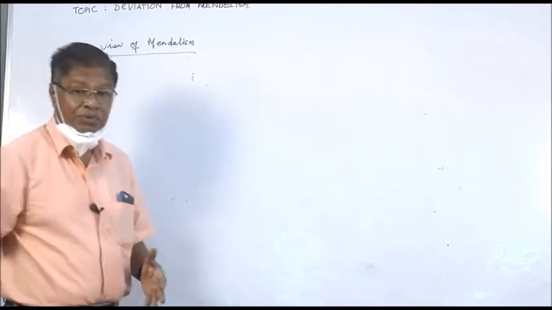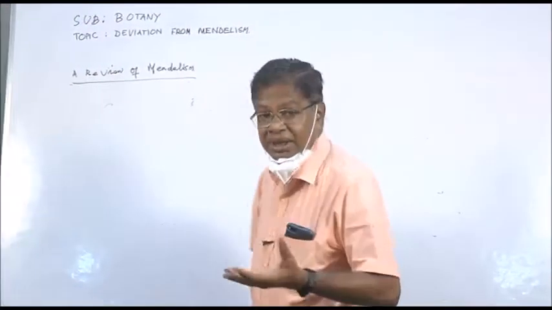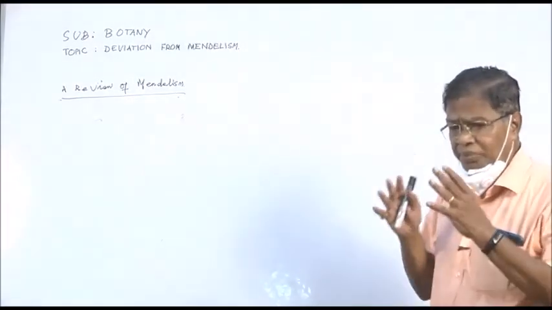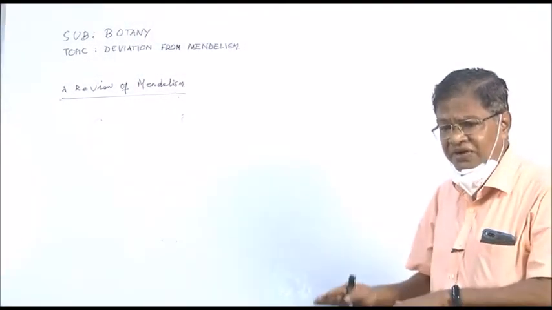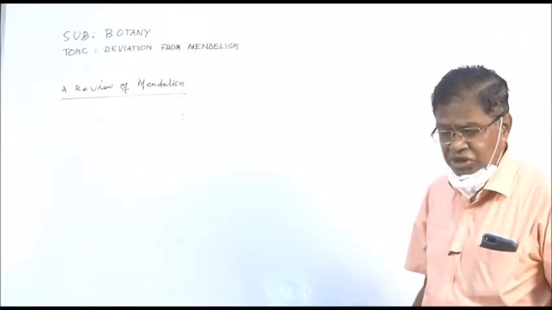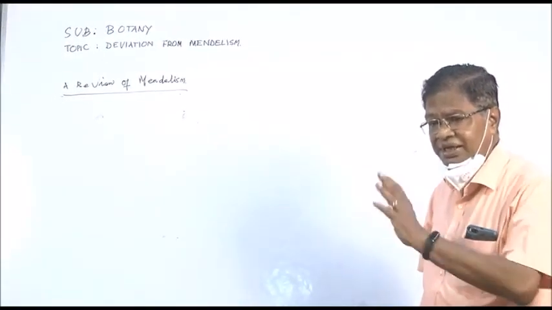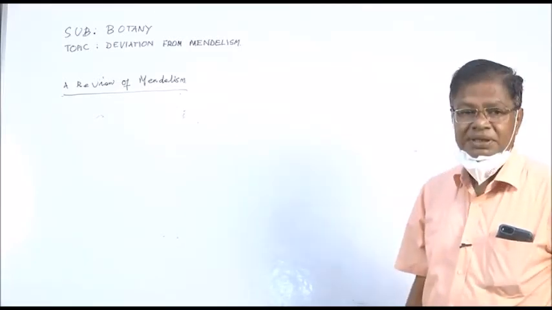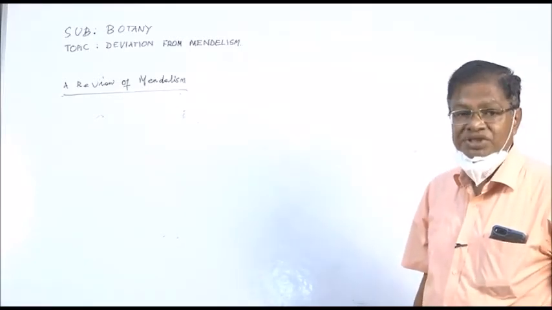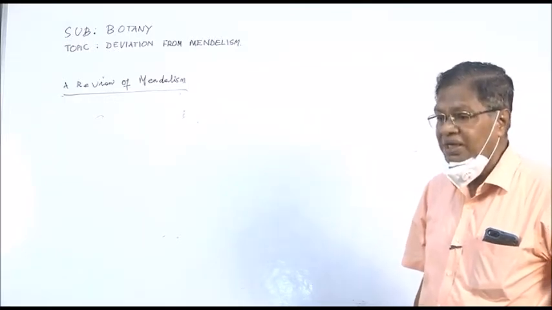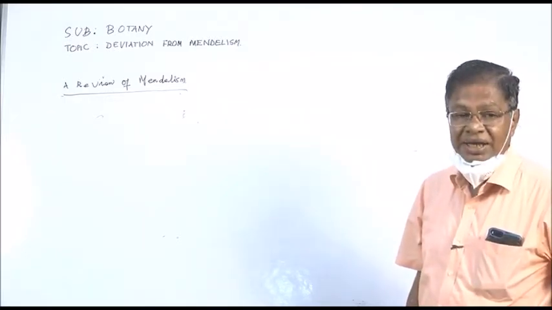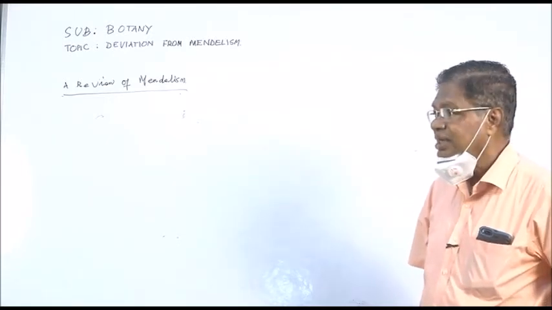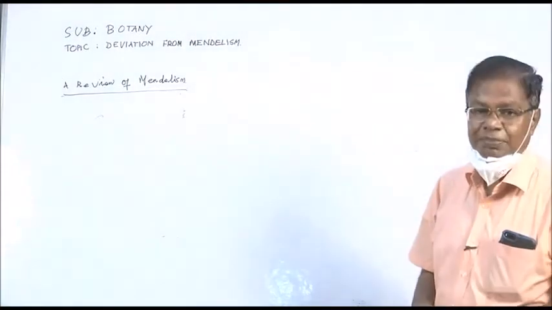Just now we discussed that the dominant character suppresses the effect of the recessive character. So there is a dominant gene and a recessive gene, and sometimes the dominant gene cannot completely suppress the effect of the recessive gene. Let us study it with an example.